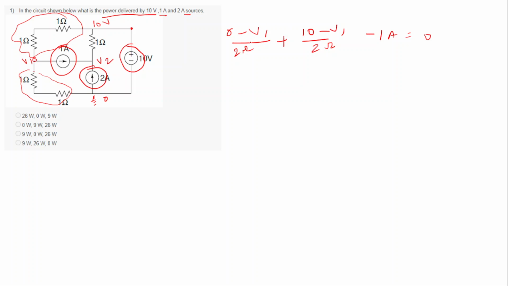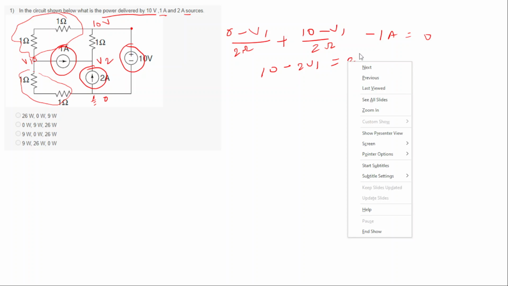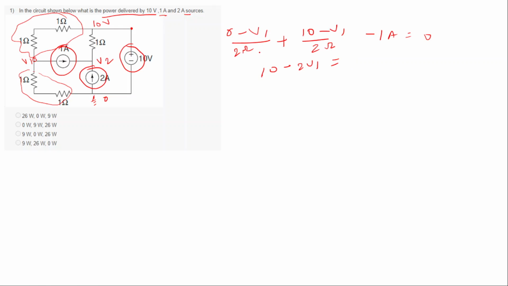So this becomes 10 minus 2 V1 equals 2 volt, since 2 ohm multiplied by 1 ampere equals 2 volt. So 10 minus 2 equals 2 V1, and V1 equals 8 by 2, which equals 4 volt.